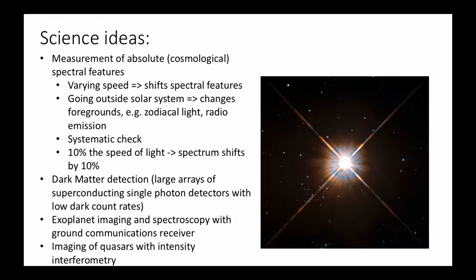You could also do very high angular resolution imaging, or sort of an effective optical style event horizon telescope, resolving the central black hole surroundings in the optical of quasars.